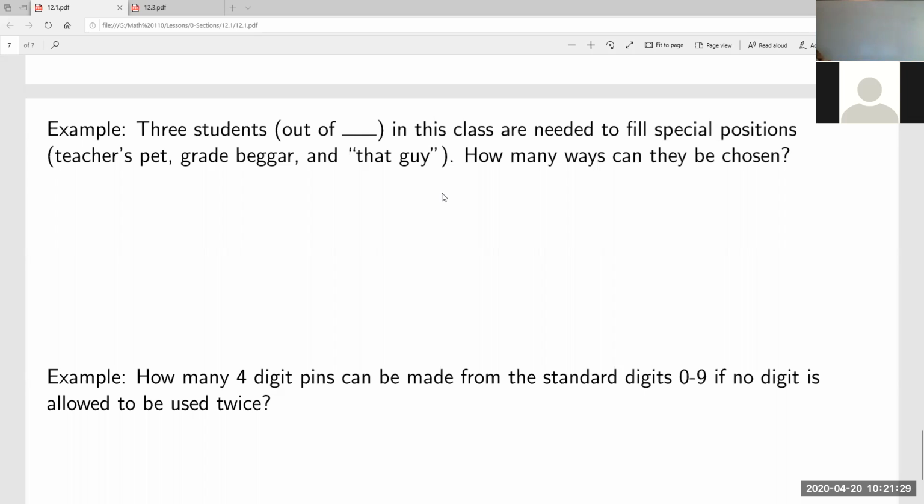Let's say teacher's pet, the grade beggar, and that guy.